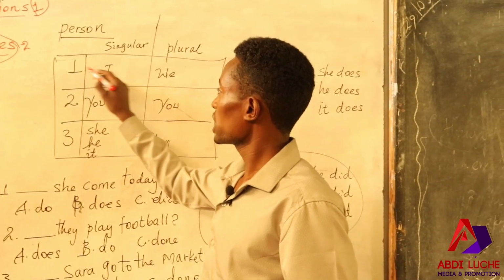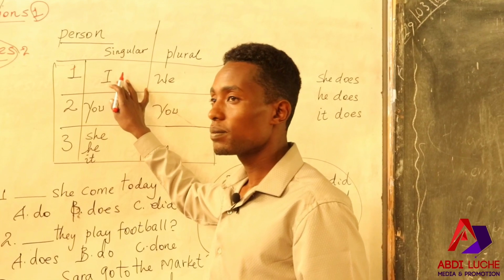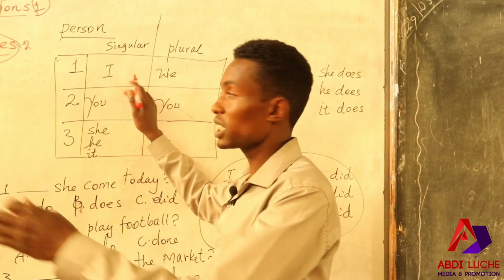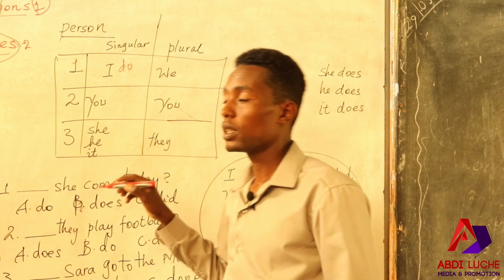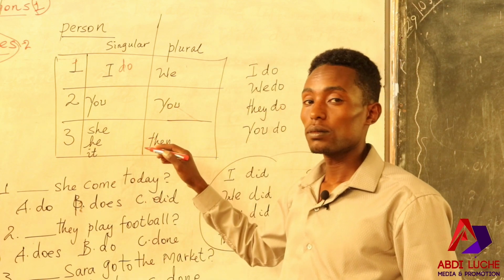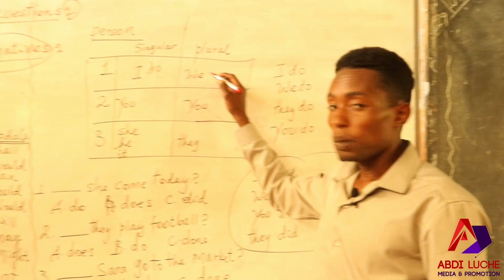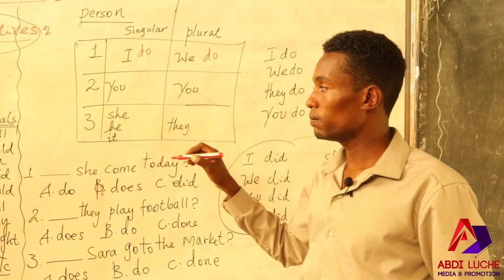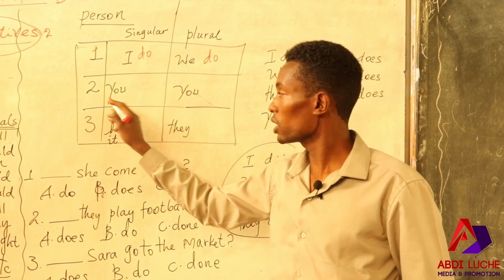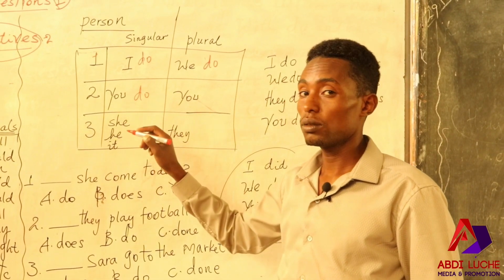First person singular, I. In simple present tense, it takes do. First person plural, we. It takes do. Second person singular, do.